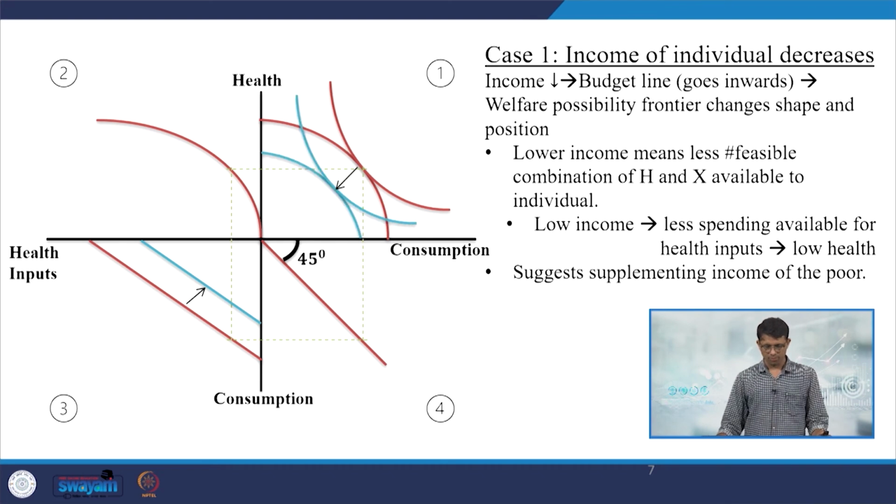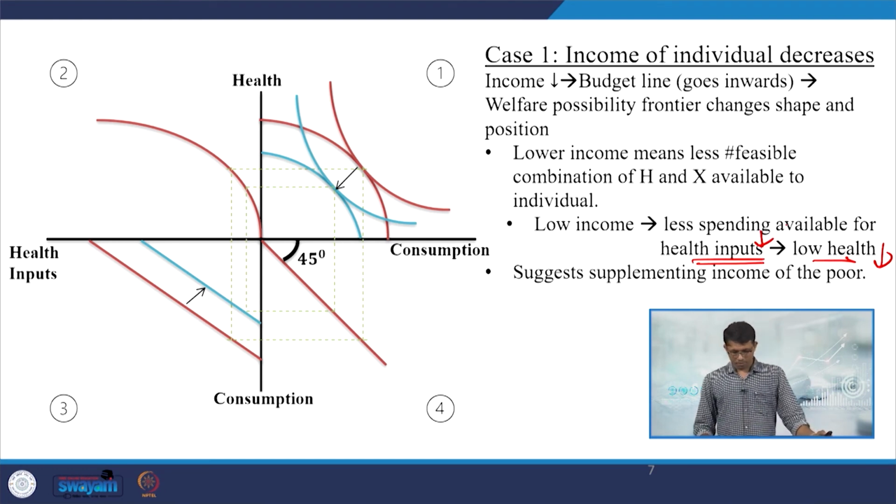There is a backward shift as well, and this leads to lower income, that means a lower feasible combination of H and X available to the individual. Hence low income leads to less spending available for health inputs, and hence low health. So basically here we wanted to draw out that if you have low health inputs, then your health outcomes are also considered to be less.